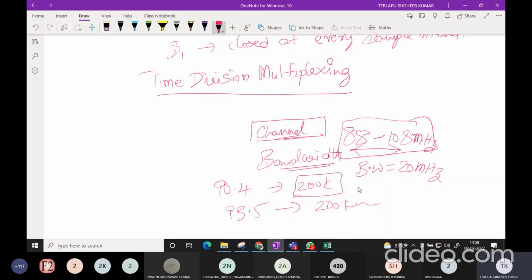If that is the case, you tell me between 88 to 108, how many channels can be transmitted at a time? Each channel 200 kilohertz. Total available spectrum is 20 megahertz. I want the number of channels.